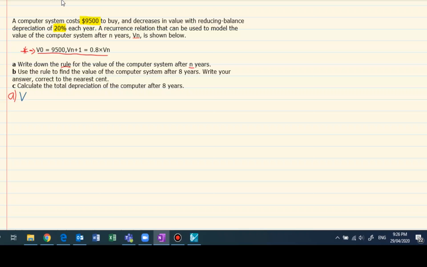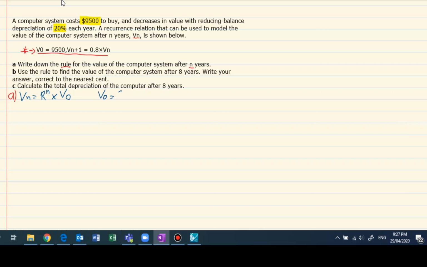So the rule is Vn is equal to R, just the rate of change, to the power of n, number of periods, and that's all multiplied by the initial value of V0. What we want to put in place is R and V0. V0 should be easy for us.